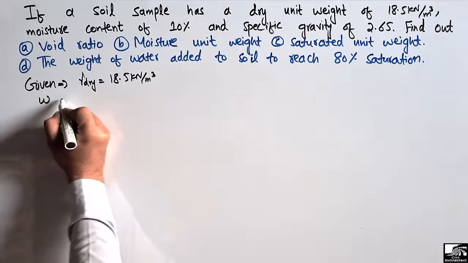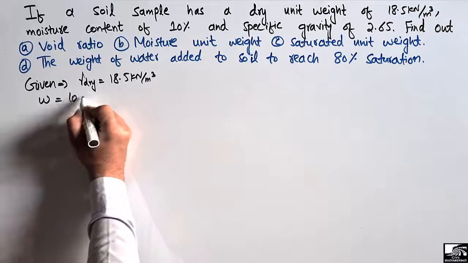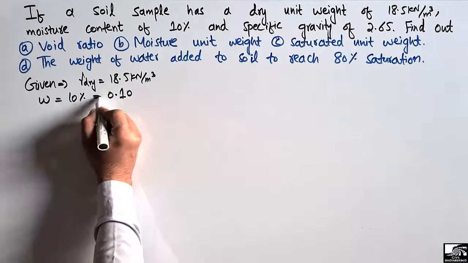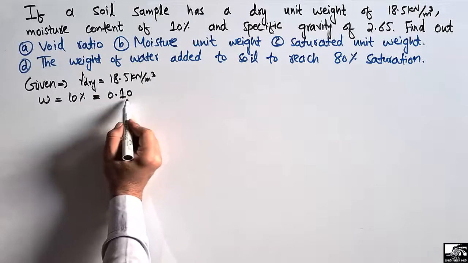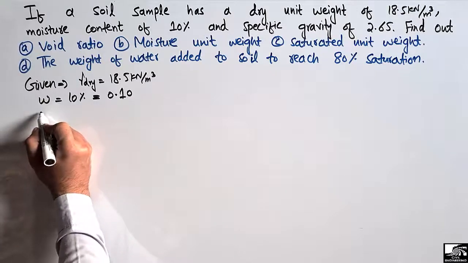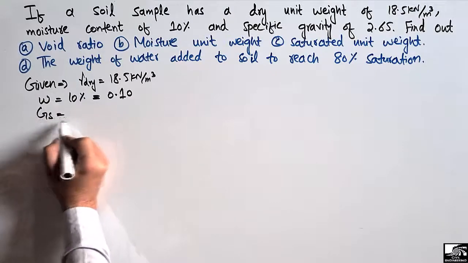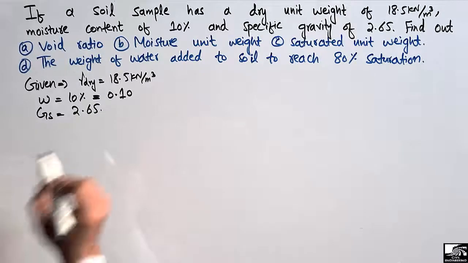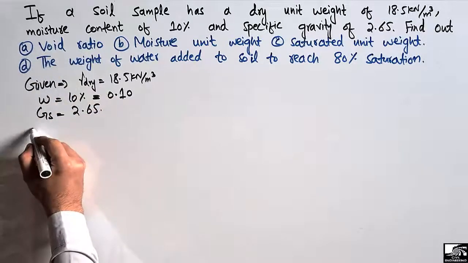The moisture content of the soil sample is 10%, and we can say 0.10 in decimal if we divide this by 100, and it has a specific gravity, which is represented by Gs, of 2.65 for this soil sample. So first we have to find out the void ratio.